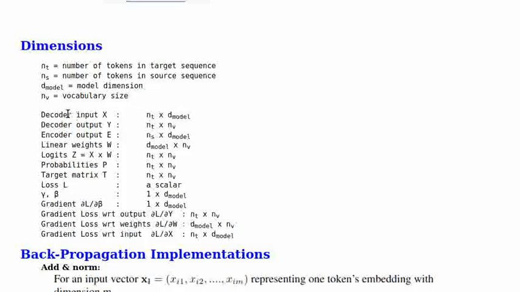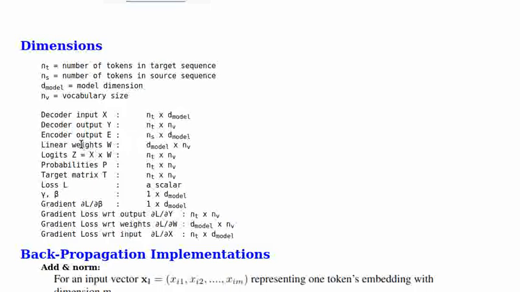With this assumption, the decoder input x has dimensions nt times d model, and decoder output y the dimension nt times nv.